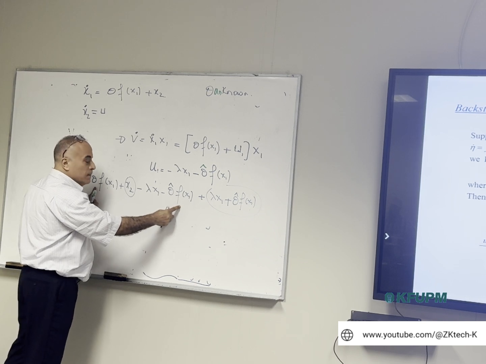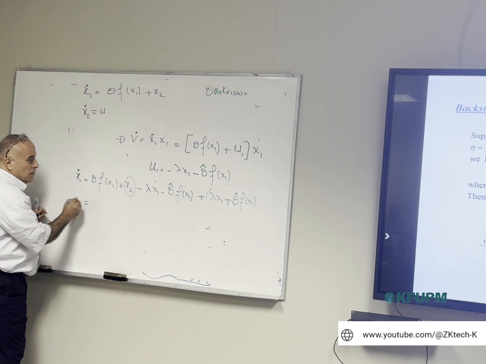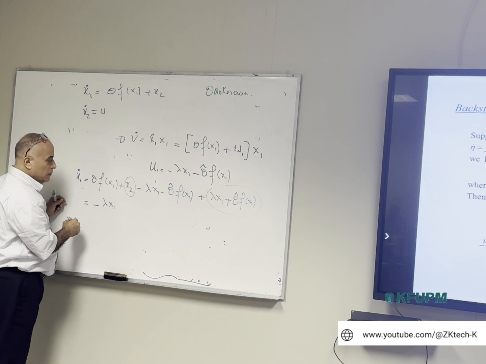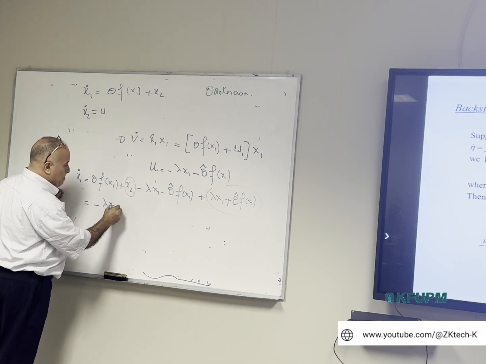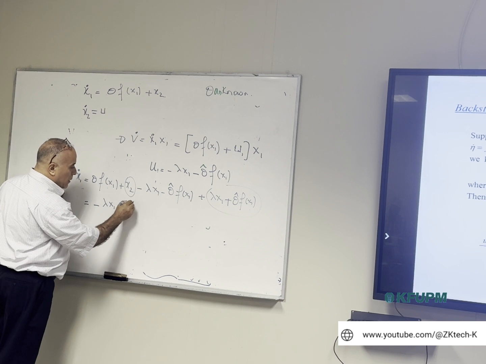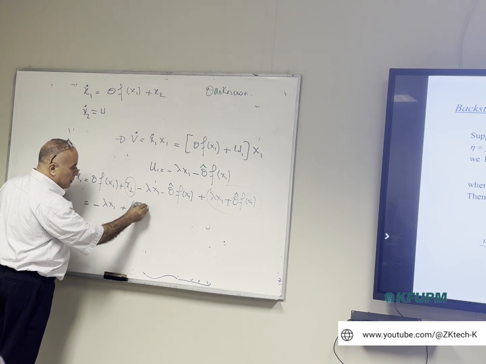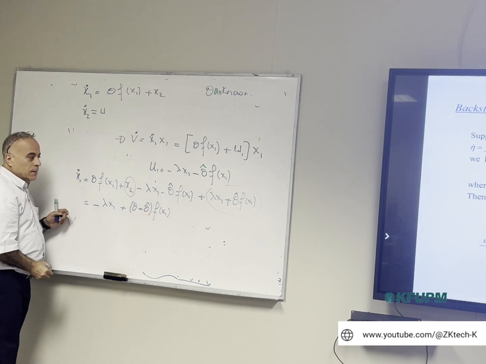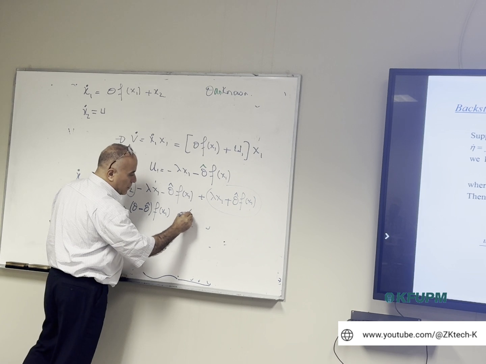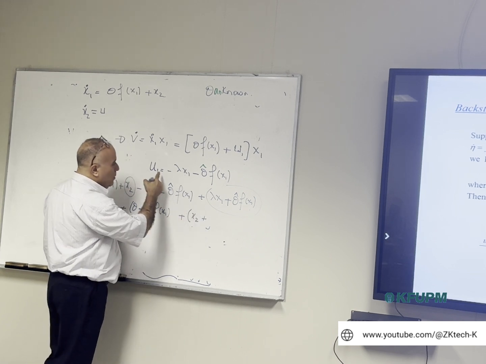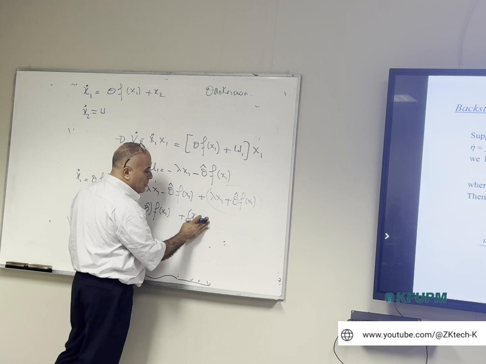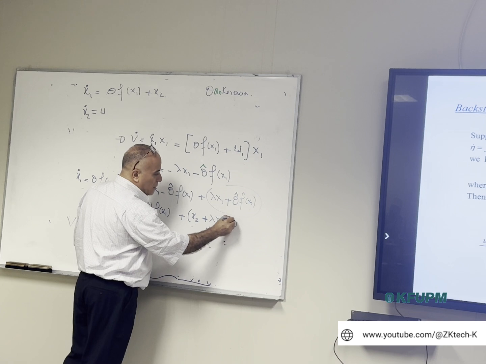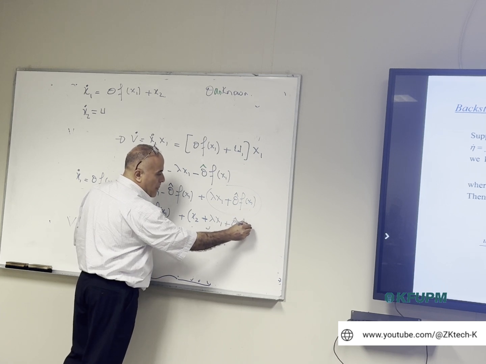Everybody's okay with this? So I'm going to put here, this will be equal to minus lambda x1 plus theta minus theta hat, f of x1, plus x2, plus, let me write it here, plus lambda x1 plus theta hat f of x1.